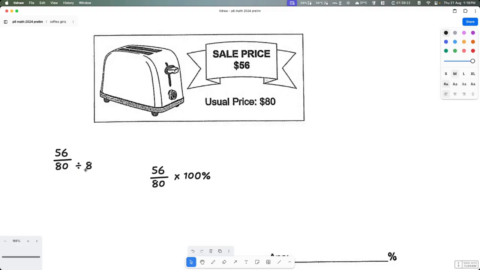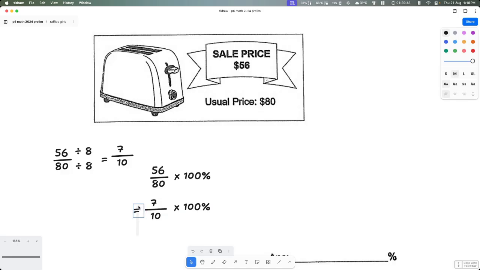So divide this by 8, divide this by 8. 56 divided by 8 is 7, and 80 divided by 8 is 10. That's how you simplify things over here. So this is equal to 7 out of 10, times 100%. And I think from here, you probably know the answer.